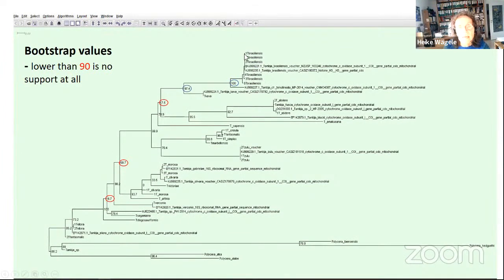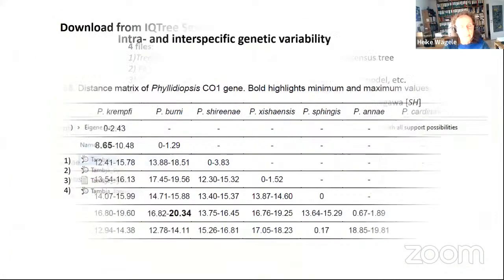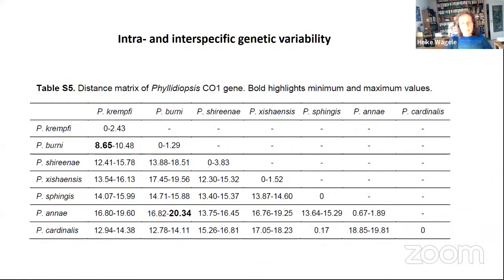However, when we compare this one with the next one, with Tambja tenuilata, we see about 30 substitutions and another 30 around here. So we have already a higher genetic distance between this one and that one. And this you can show then in a matrix like this.